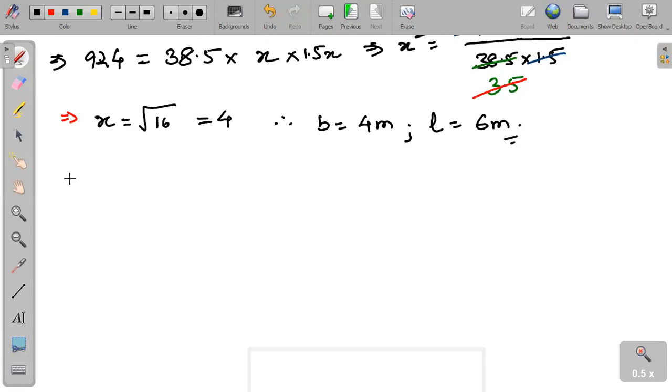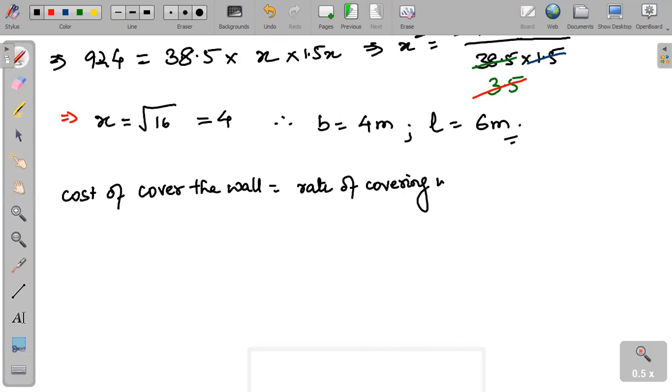पेपर किसको करेंगे? वॉल्स को। तो कॉस्ट ऑफ कवरिंग the wall is equal to rate into rate of covering wall. Covering means papering. Rate of papering wall into area to be papered.